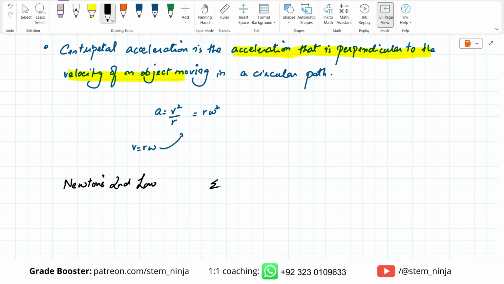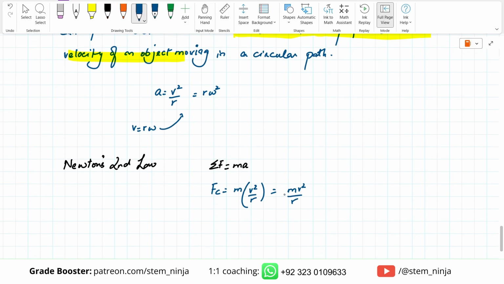Wherever there is an acceleration, there is a resultant force also. In this case, the force is the centripetal force and the acceleration is v squared over r or r omega squared, where r is the radius of the circular path.